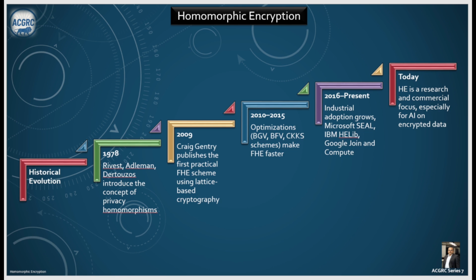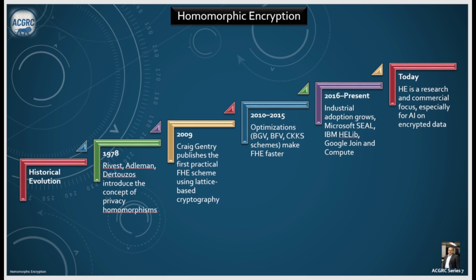Then between 2010 and 2015, optimizations made FHE faster. From 2016 till now, industrial adoption has grown, whether it is Microsoft SEAL, IBM HElib, or Google. They join and compute.